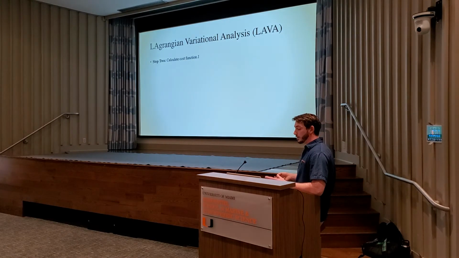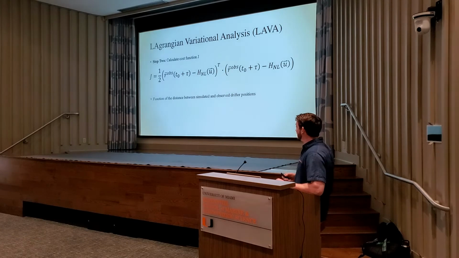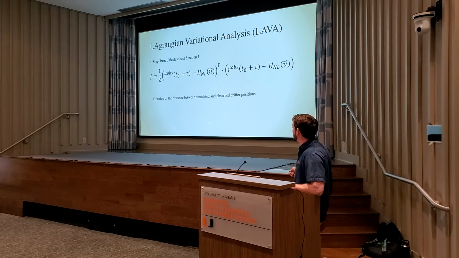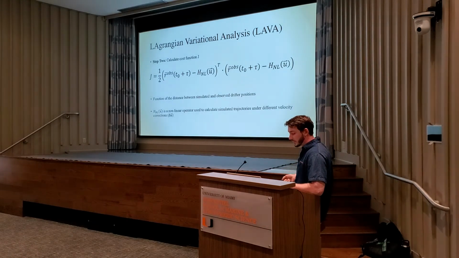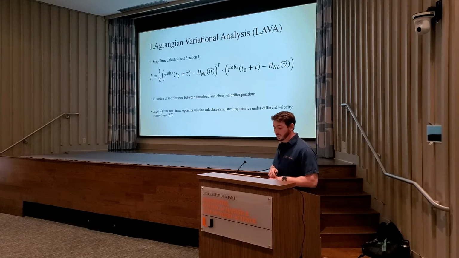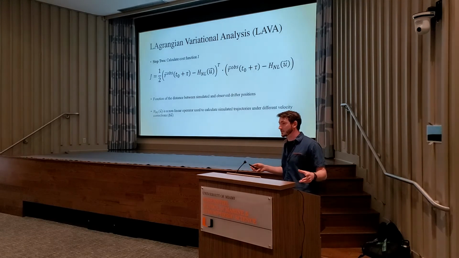Step 2 is to calculate a cost function. So I know this looks complicated, but I'm going to boil it down as simple as I can. So it's a function of the distance between simulated and observed drifter positions. So you simulate a drifter goes this way, the observed goes this way, you want to try and minimize that distance. This H nonlinear is just an operator that is used to calculate a bunch of different drifter trajectories at the same time.